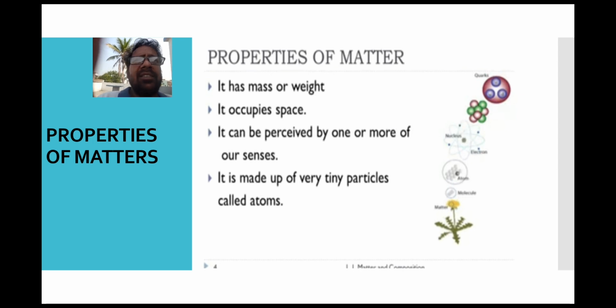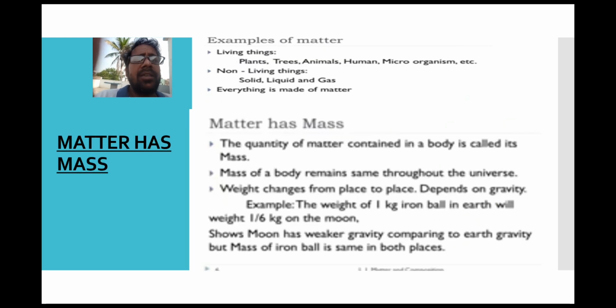We know that in our surroundings there are two kinds of things: living things and non-living things. Living things are made up of very tiny smallest particles called cells. But non-living things are made up of smallest particles called atoms. Now move to the other page. Examples of matter are given here.